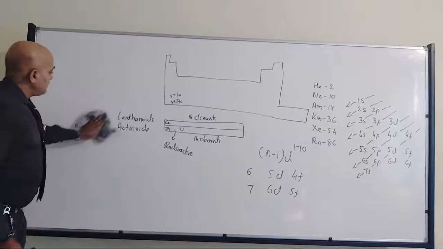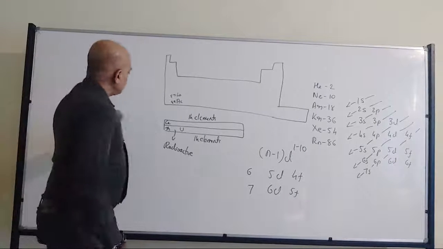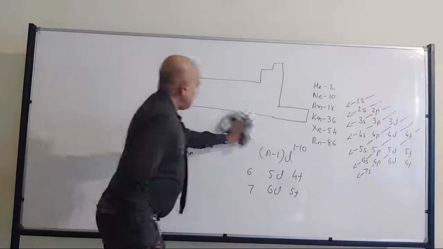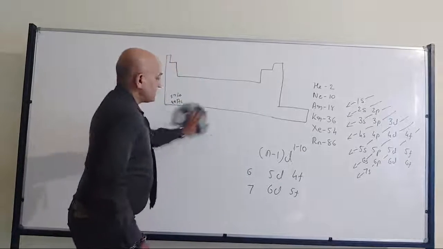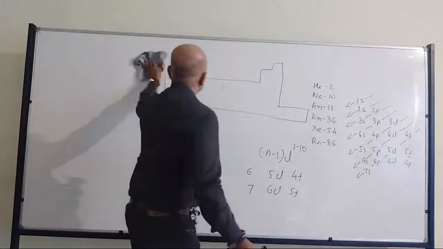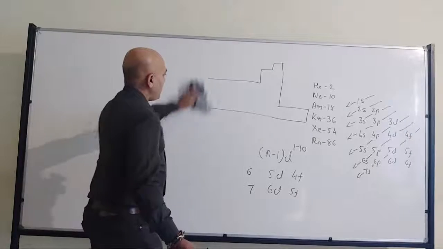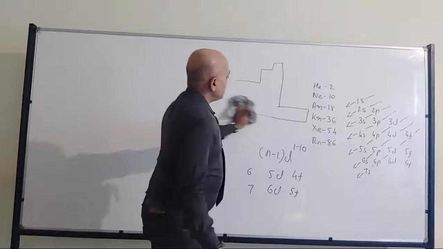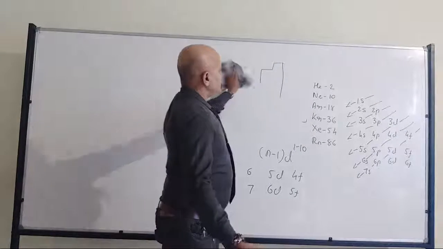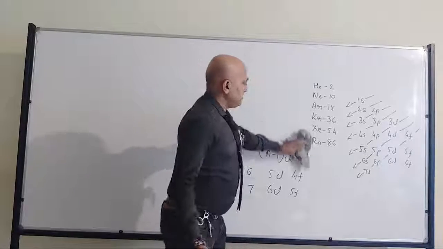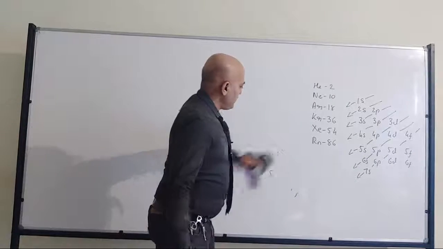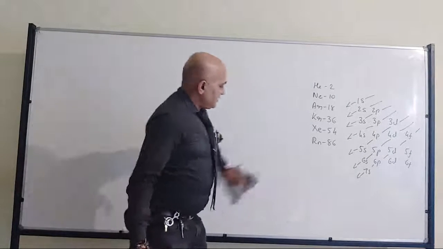Okay, I will stop here. We will continue the class once again on Monday. Any doubts, let me know. You can type. So why have F block elements been placed at the bottom? That is to avoid disturbing the shape of the periodic table. That can be one of the reasons.